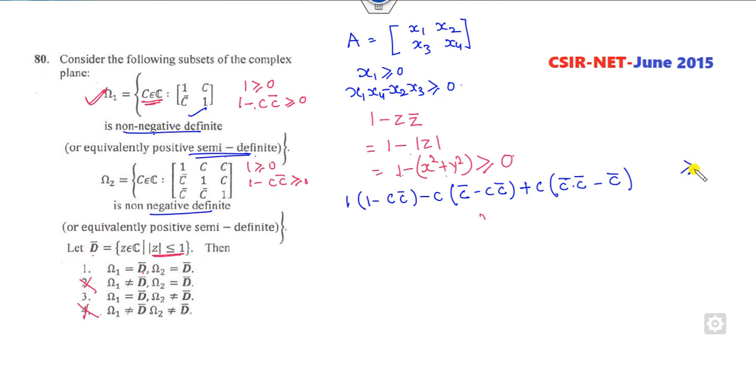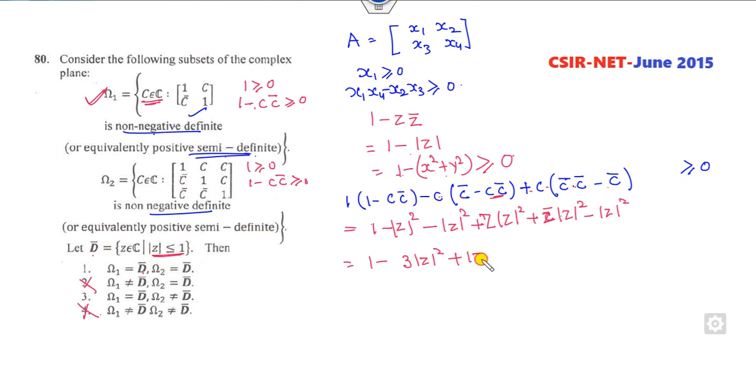My target is to prove whether it is greater than 0 or not. So if I open them, this is nothing but 1 minus z². Z into this is again z², and this is z bar. So I can write this as z z bar², this is c bar z bar, minus z bar². So this is 3 times z bar.